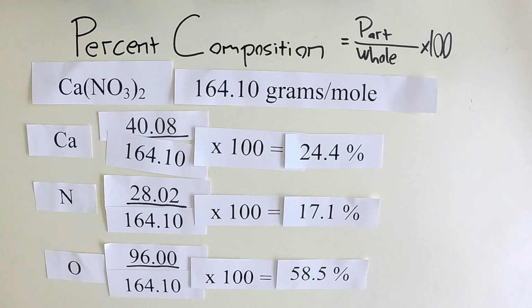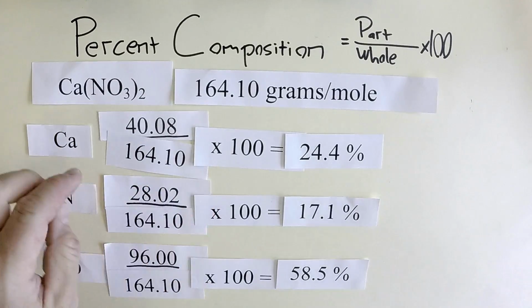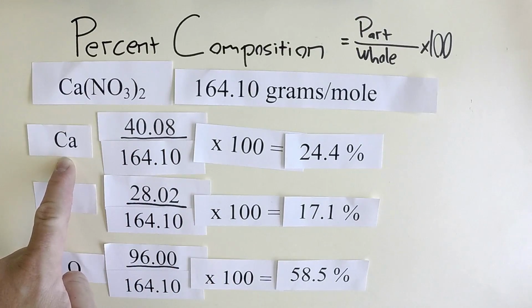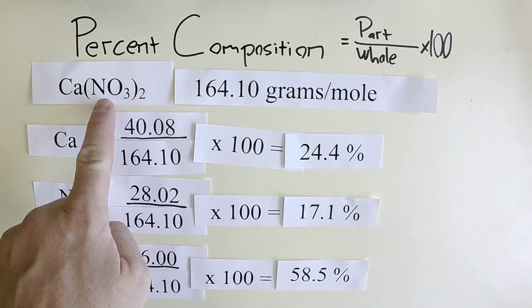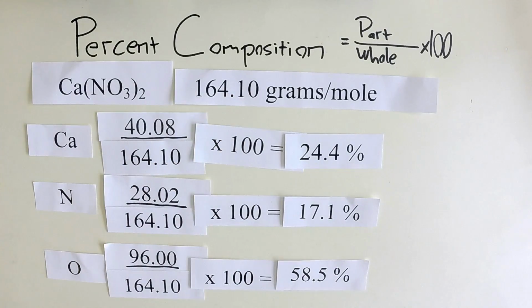So percent composition, the part divided by the whole times 100. The part being the mass of the single element or single component in the compound, and the whole being the formula mass of the compound, percent composition.